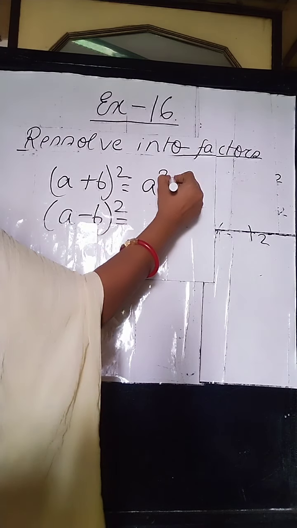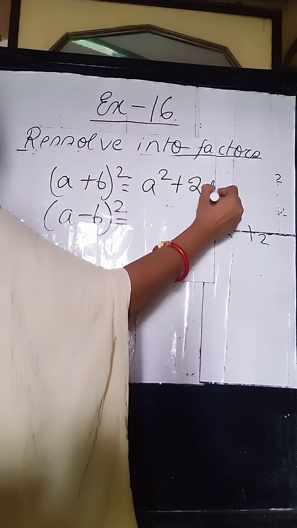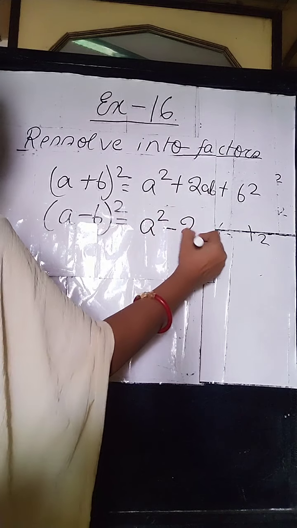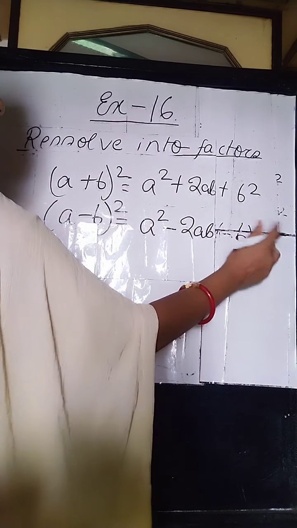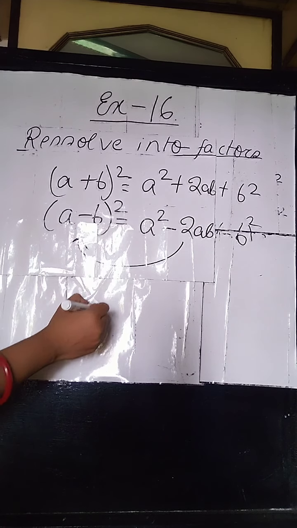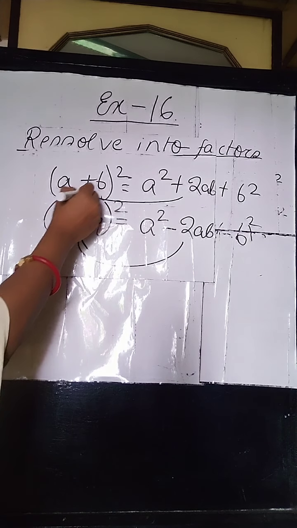We will be given the form a square plus 2ab plus b square, or a square minus 2ab plus b square. But we have to finally write which formula it belongs to. So we have to do a back calculation sum. I hope whatever I have explained with the help of these two sums you have understood well.